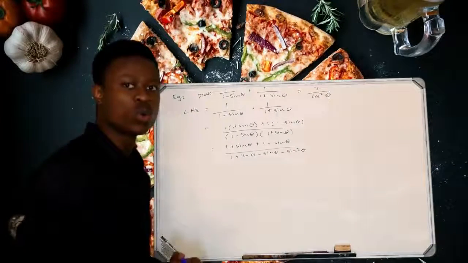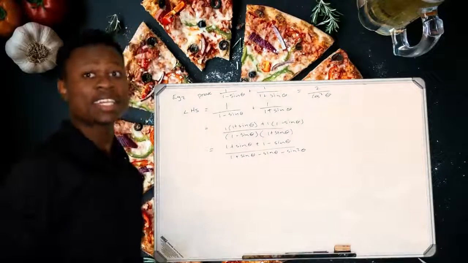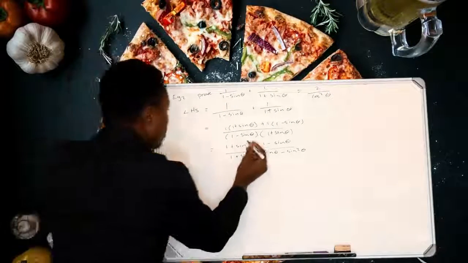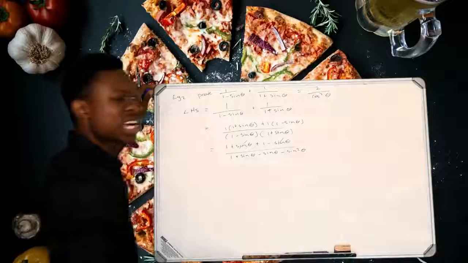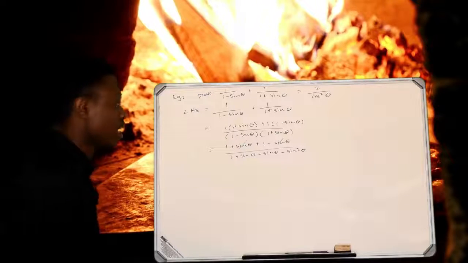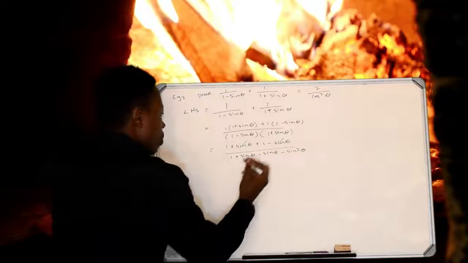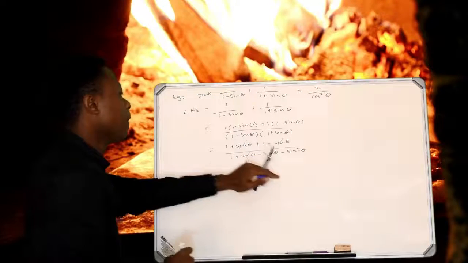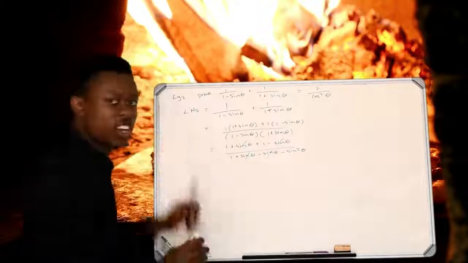So now what can I do? Can you see something that I can cross out? This and this will cross out. Why? Because sine theta minus sine theta gives me 0, right? At the bottom, what do I have? The same thing. Sine theta minus sine theta gives me 0.